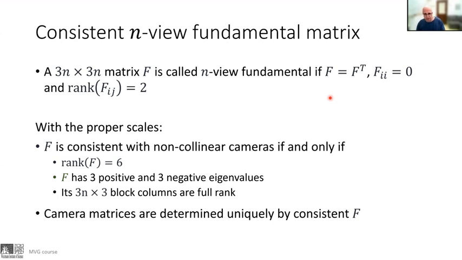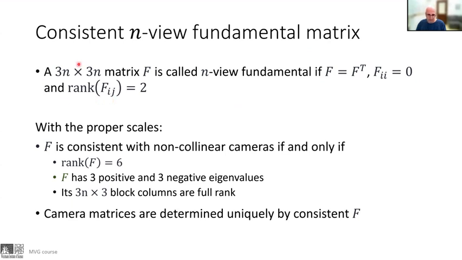So from all of this, we get the following theorem. An n-view fundamental matrix, so a graph of fundamental matrices, is consistent under the following conditions. So first, what is an n-view fundamental matrix? It is a 3n by 3n matrix F with the condition that F is equal to F transpose, Fii is 0, and the rank of every block is 2, which basically makes each block a fundamental matrix.